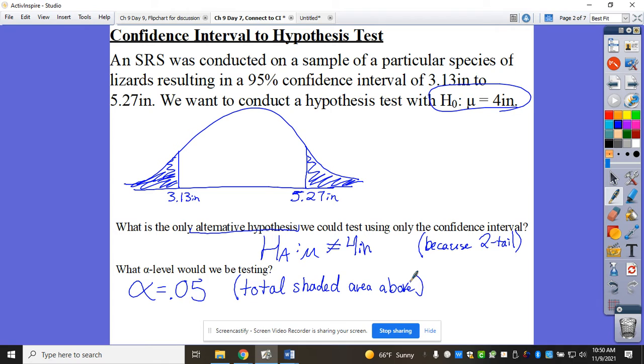Alright, so we are testing this. If I wanted to draw that on that picture, where would this line be? Somewhere around here. So where did my claimed value fall?